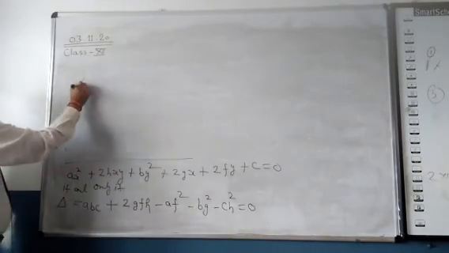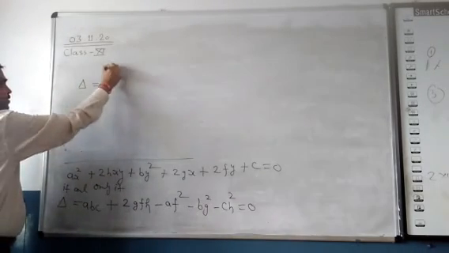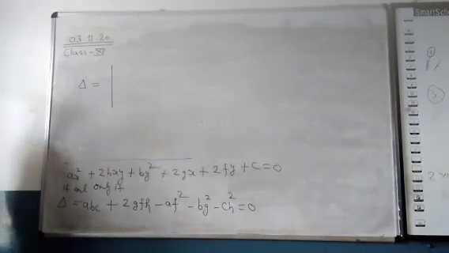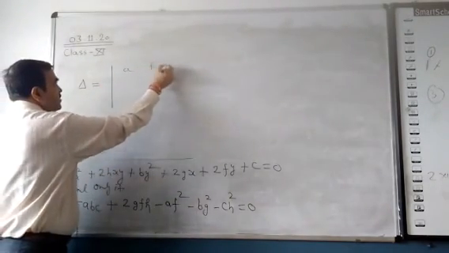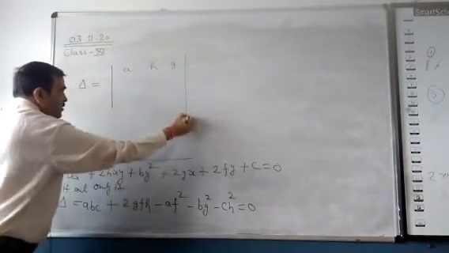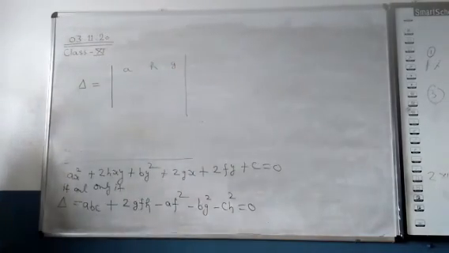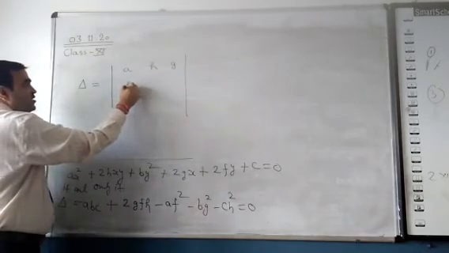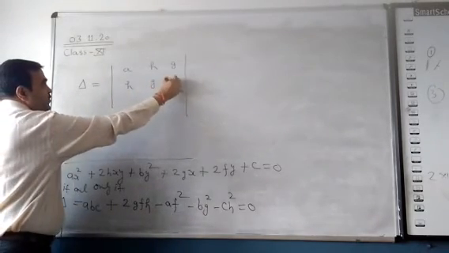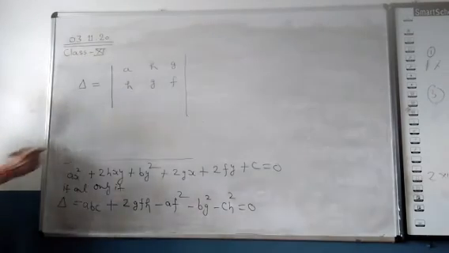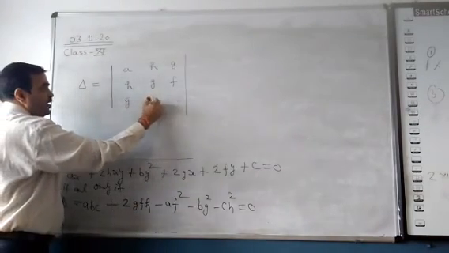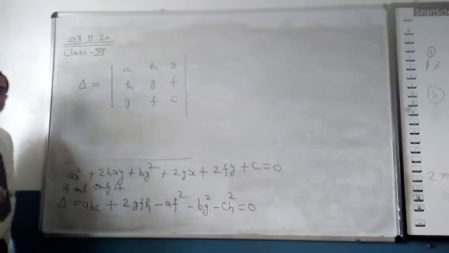So delta is equal to the determinant with rows a, h, g; h, b, f; and g, f, and c.